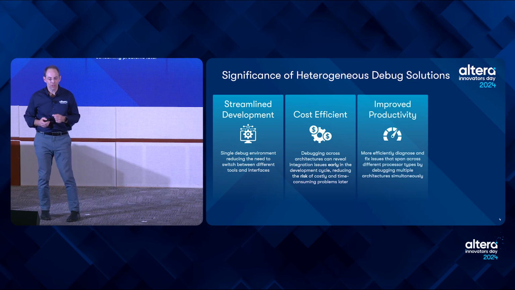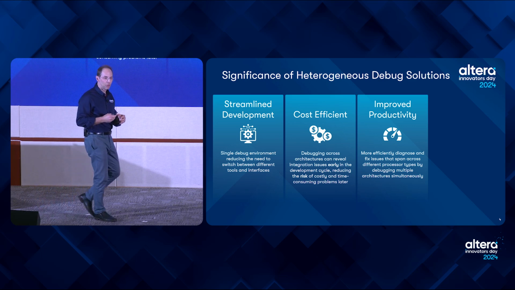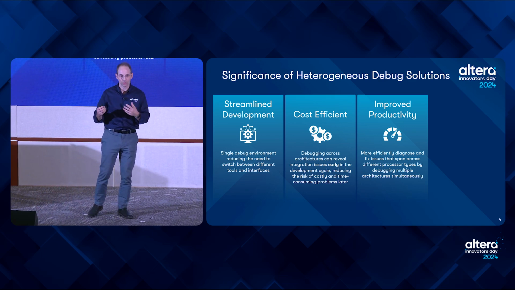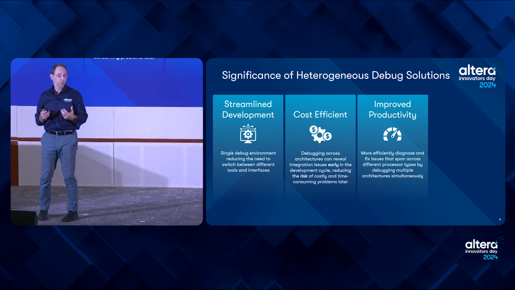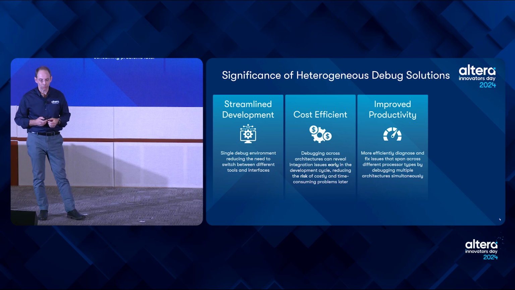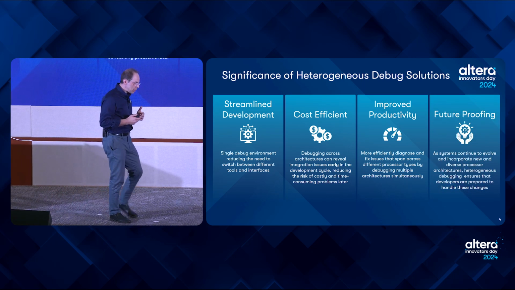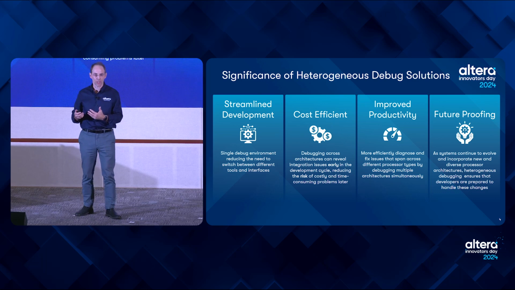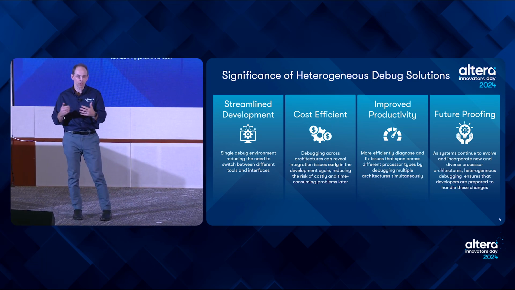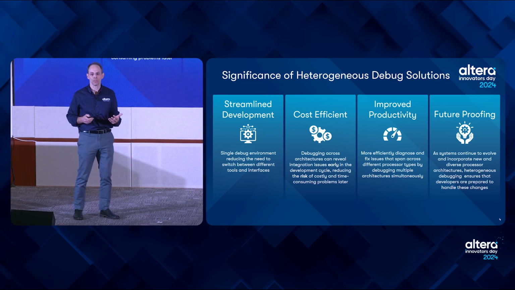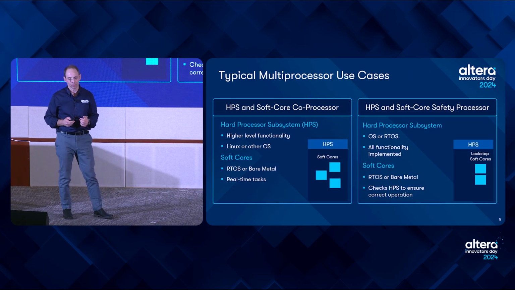Third, it helps you fix and debug the entire embedded system, because if you can debug the processor interaction, as somebody pointed out here, it's really important to be able to do that in the tools. And finally, with FPGAs, you need to be able to future-proof your designs. So you need to be able to scale up to many more processors than you originally have. And that's one of the benefits of FPGAs, it allows you to do this in your development cycle.